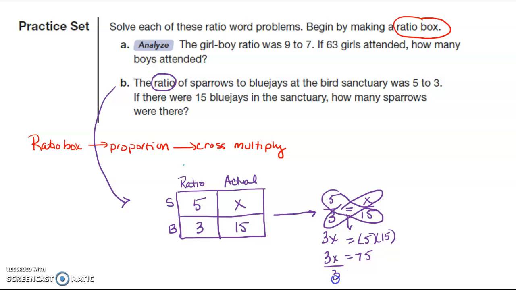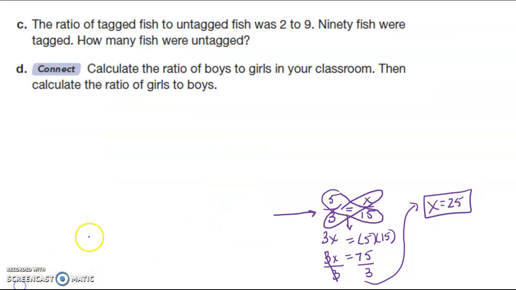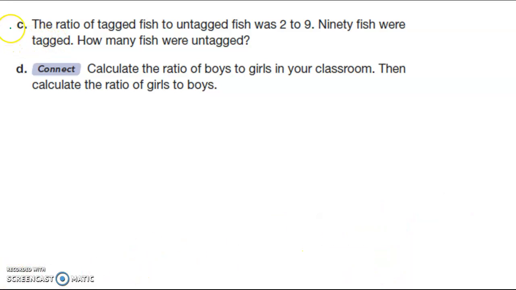Now we want to get X by itself, so we're going to divide both sides by 3. I get X is equal to, and 75 divided by 3 is 25. So that means we have 25 sparrows. Okay, let's keep going.